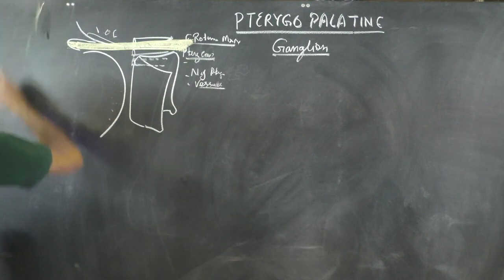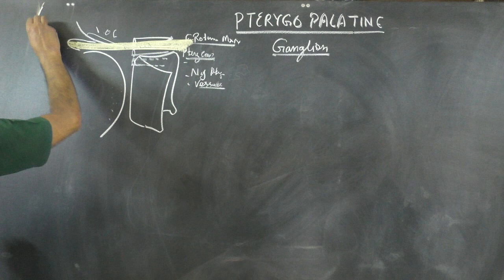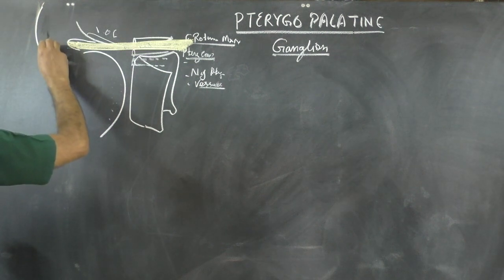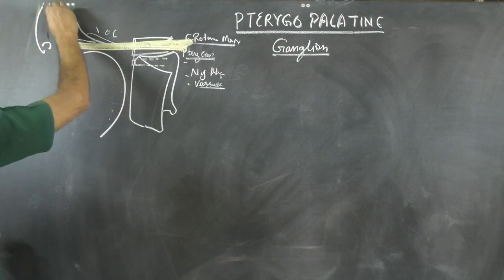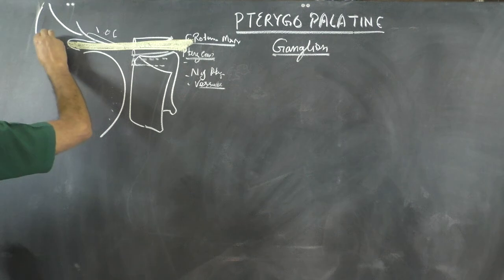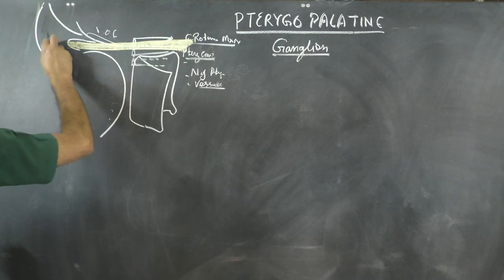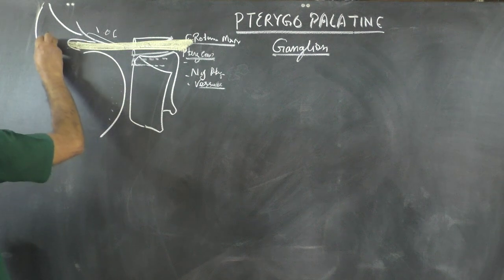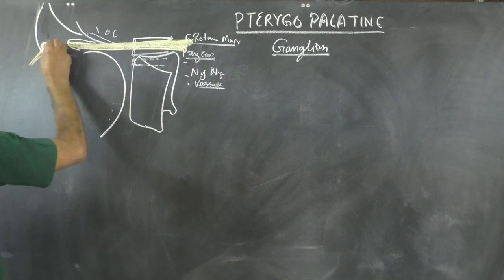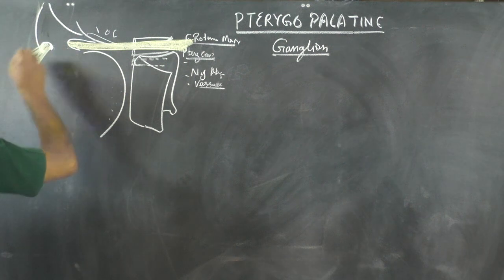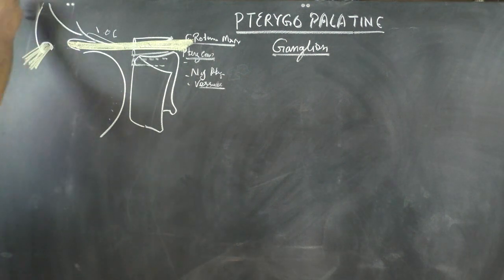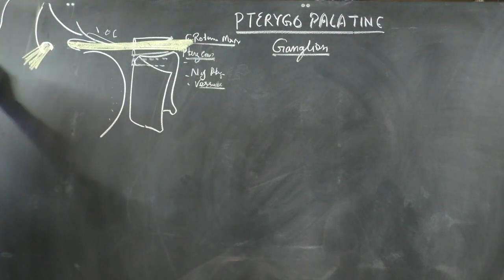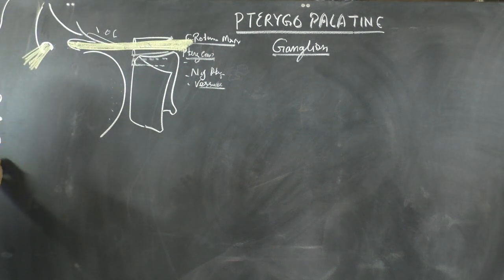this maxillary nerve then comes out of the infraorbital foramen as the terminal part of the maxillary nerve, which is called the infraorbital nerve. And this infraorbital nerve is a sensory nerve to the face.